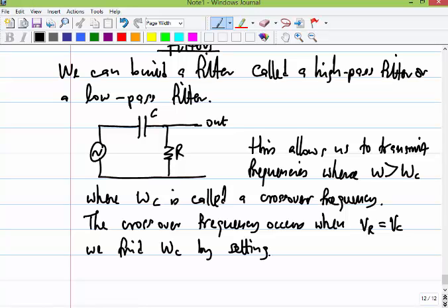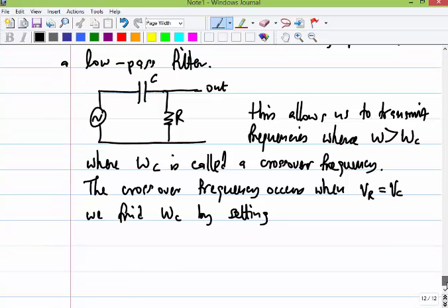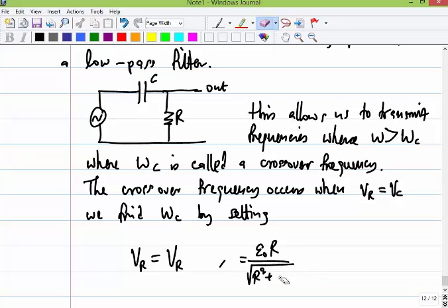We can find omega C by setting the two voltages equal, where VR is equal to E naught R over the square root of R squared plus XC squared, if you recall. And this should be equal to E naught XC divided by the square root of R squared plus XC squared.